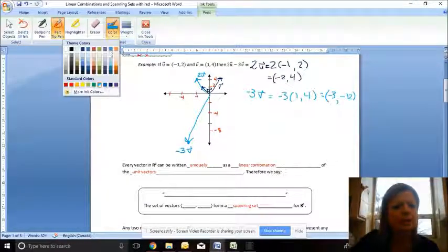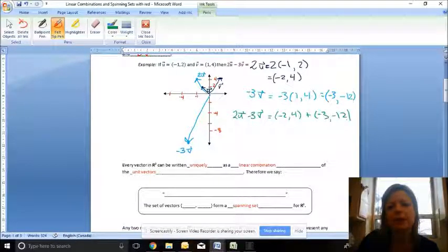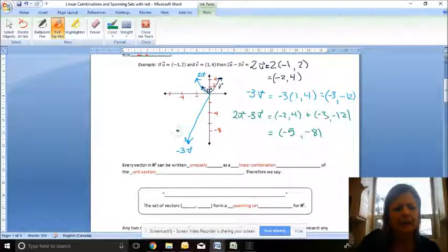So the resultant vector then, I'll do it in green, would be 2u minus 3v. So it would be -2, 4, plus -3, -12, since I already did the subtraction by making this negative. So you get -5, -8. And you'll see when plotting this, here is our resultant. So this is the linear combination set out.